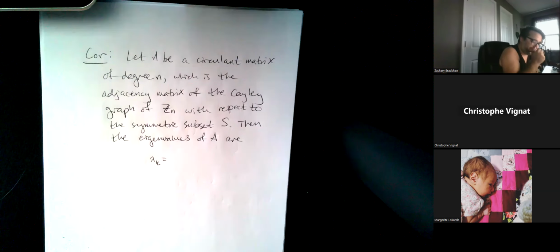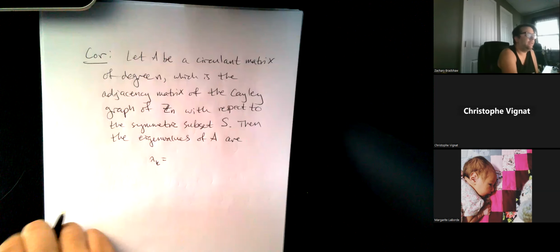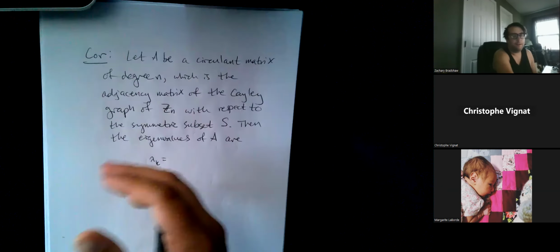So because the group is cyclic, we know what the irreducible representations are. They're given by the roots of unity, essentially.